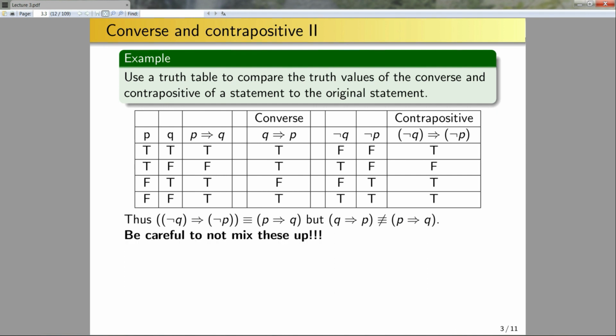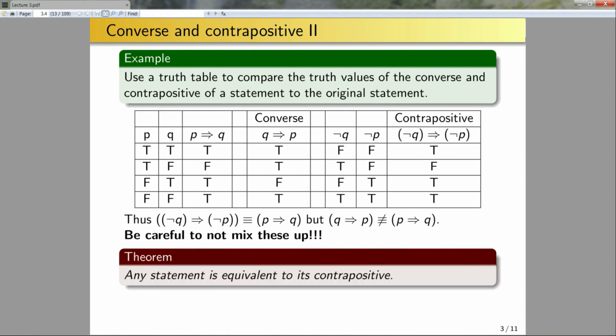Be very, very careful in not mixing these up. It is a common mistake that first-year students make. Don't fall into that category. So theorem, any statement is equivalent to its contrapositive. The proof for this theorem is the truth table up here. This will come in handy next week, and it is a very strong tool when doing mathematics in general.